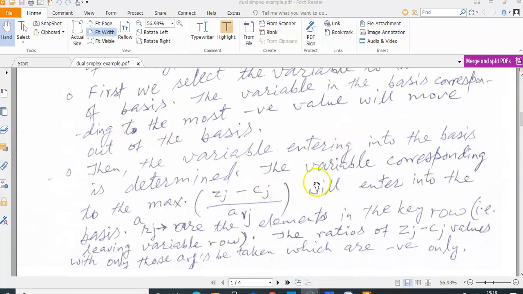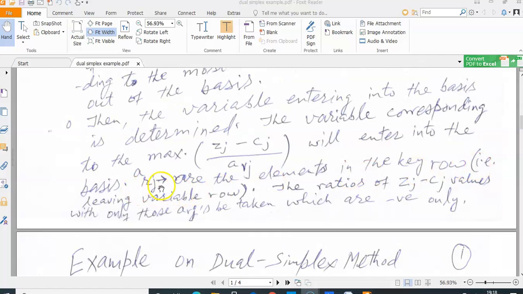Then we select the variable to enter into the basis, and it is determined based on this ratio: the variable corresponding to the maximum of Zj minus Cj values divided by arj will enter into the basis. Here arj are the elements in the key row, that is, the leaving variable row.